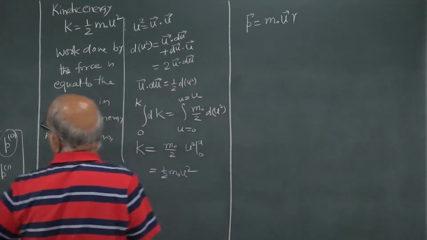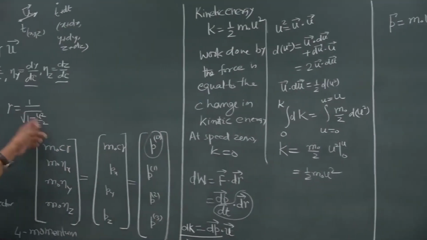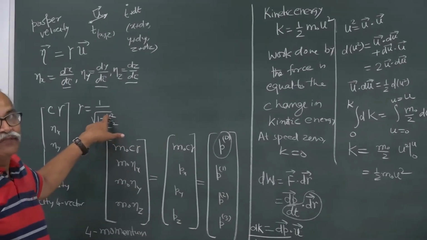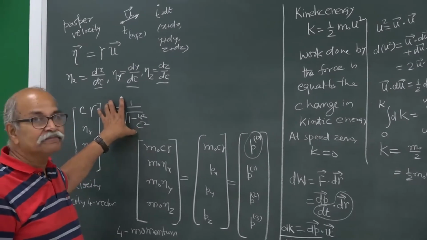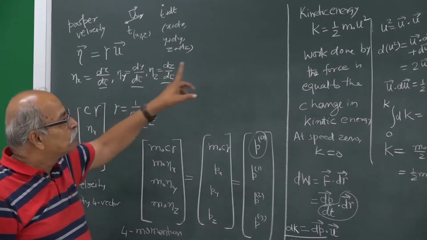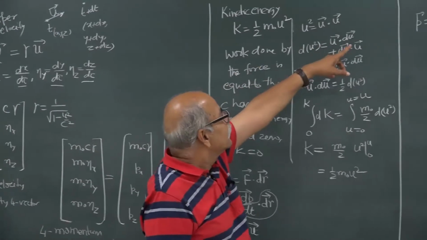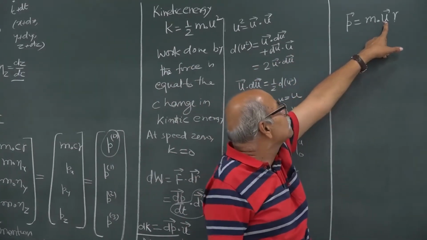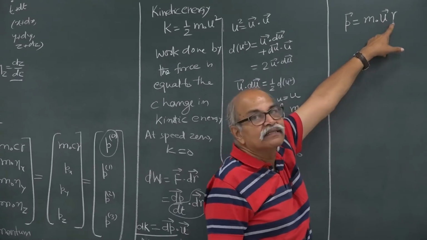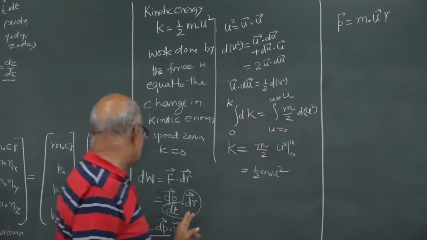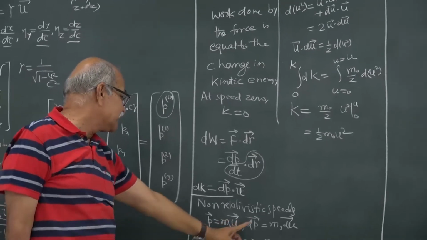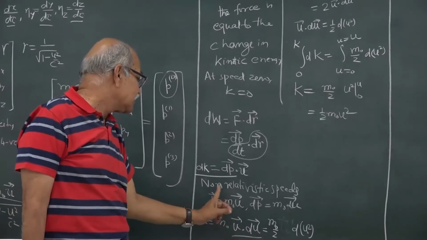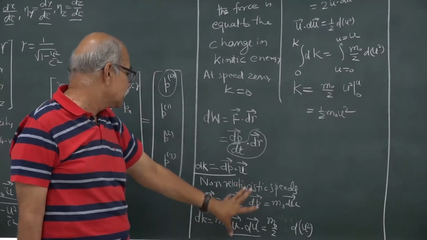Remember, this gamma is the same gamma, this gamma u, particle speed is u, I am using that u to write that gamma. So, momentum is defined as m naught, which is the mass of the particle, times the ordinary velocity, and times that gamma. So, that I should use here. This is the place where I am first using the fact that I am talking of relativistic speeds.